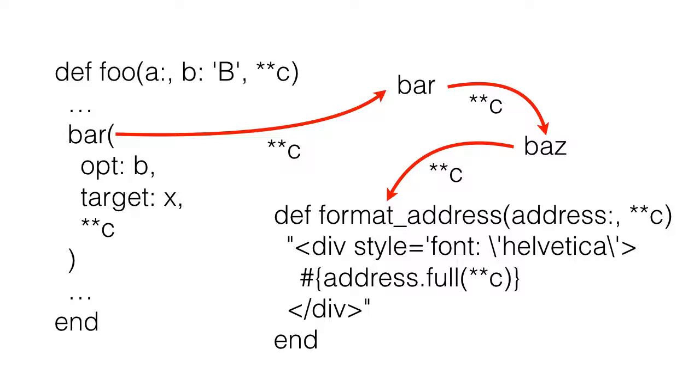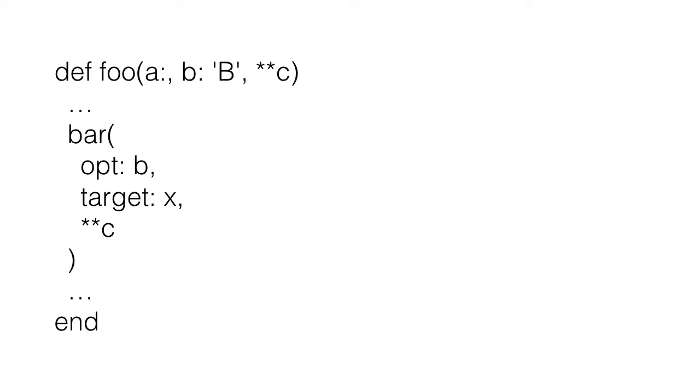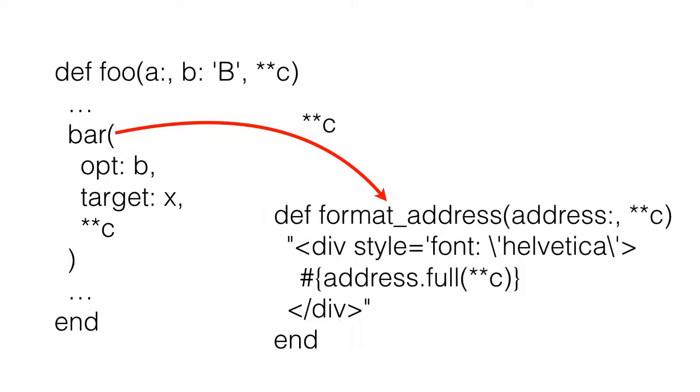So this C, these values I didn't understand, is just getting passed on all the time. So in the end, without even needing to know what that is, any function that comes after foo gets to see anything that was passed in that I didn't understand.